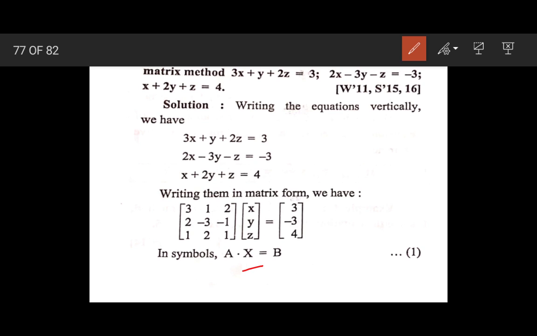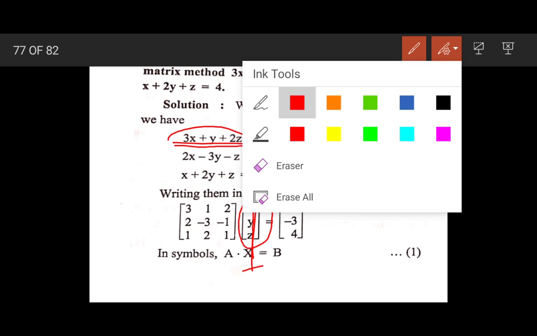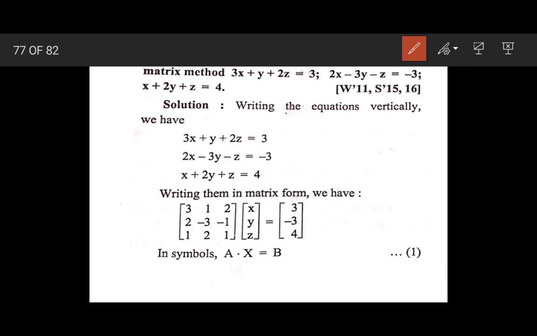After writing the A matrix, next is X. X is the matrix of variables. So how to write this variable matrix? Write the variables x, y, z in column form. Then the B matrix.